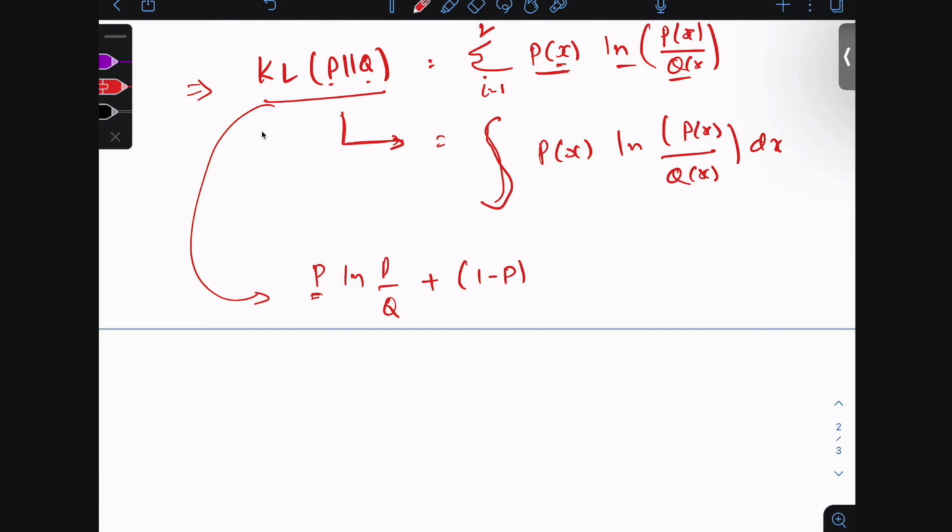If P is my probability of getting a head, the probability of getting a tail will be 1 minus P, natural log of 1 minus P by 1 minus Q. This is the second event, the tail event. This is for the head event, and this is for the tail event. I'm just shortening, removing the x. If it is binary or Bernoulli and it is P, it will be 1 minus P over here, similarly 1 minus Q. I hope you are getting this.